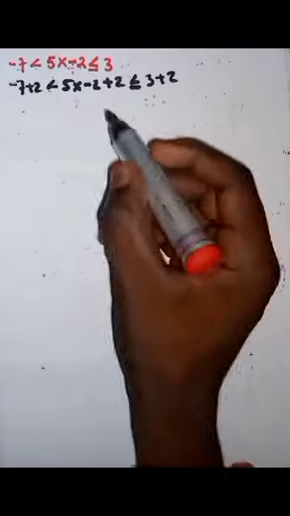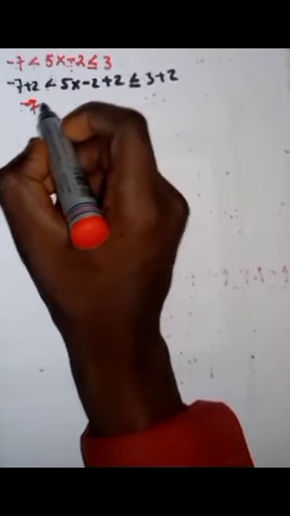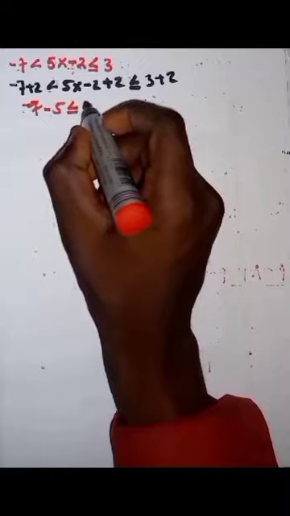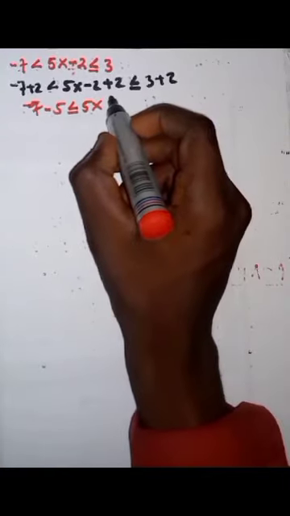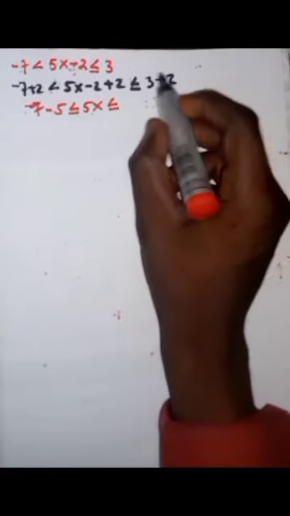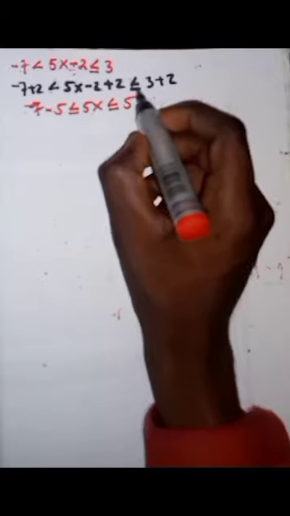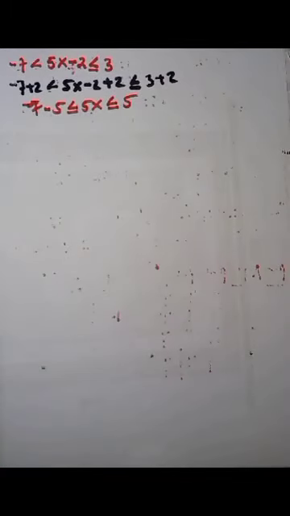After adding that 2, I'll have -7 plus 2, which gives me -5. Then I'm going to have 5x minus 2 plus 2, which simply gives me 5x, which is less than or equal to 3 plus 2, which simply gives me 5. Now I'll divide the whole inequality by 5.